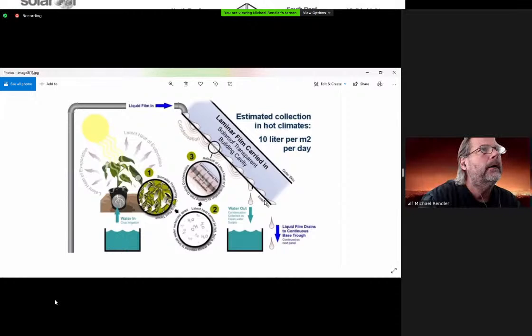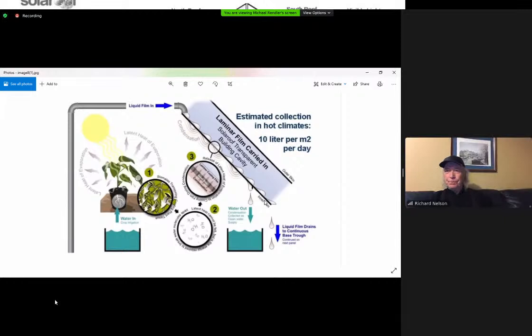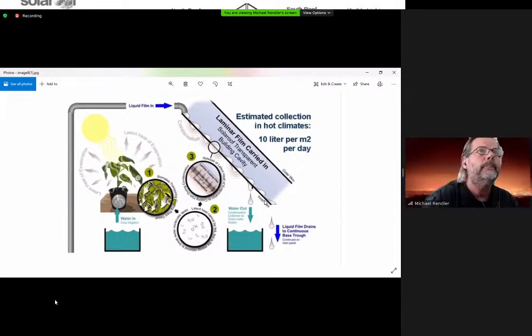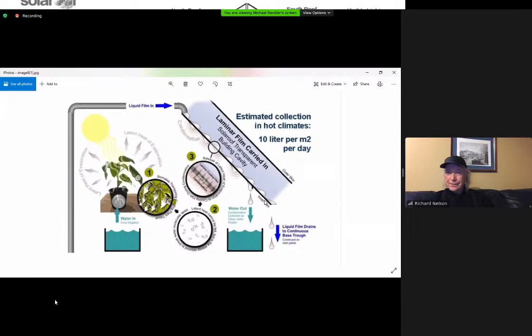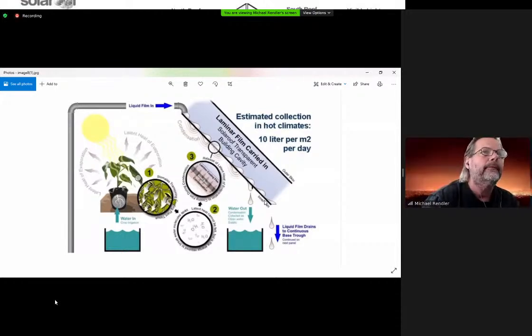Hey, Richard. I don't mean to interrupt you, but I've been studying this a little bit, and I'd like to have a little conversation around this. That blue stripe that you show there, the laminar film carried in SolaRoof, on the outside. I've talked to a couple of people who have greenhouses, and I've shown this to them, and they've told me they're always way hotter on the inside than the outside.